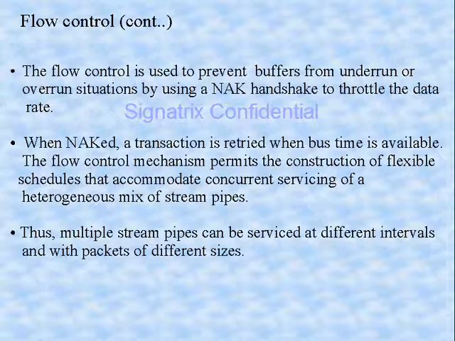The flow control mechanism permits the construction of flexible schedules that accommodate concurrent servicing of a heterogeneous mix of stream pipes. Thus, multiple stream pipes can be serviced at different intervals and with packets of different sizes.